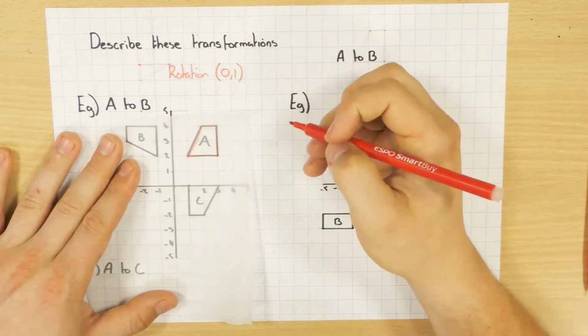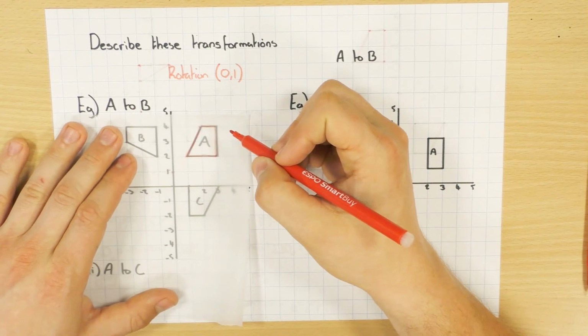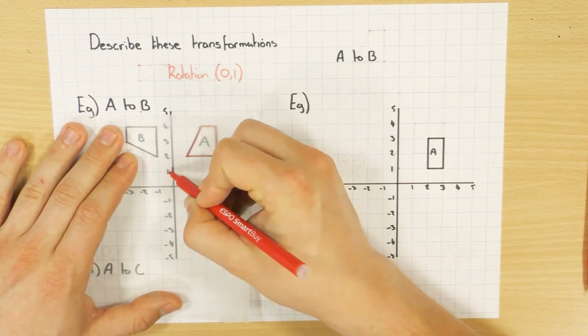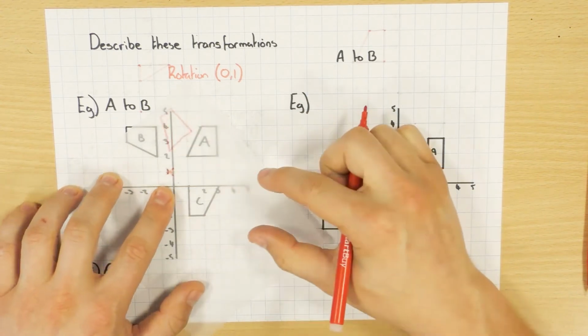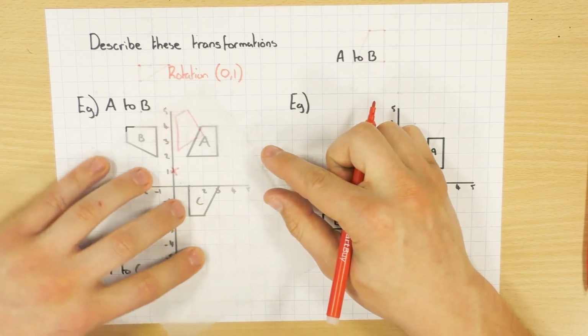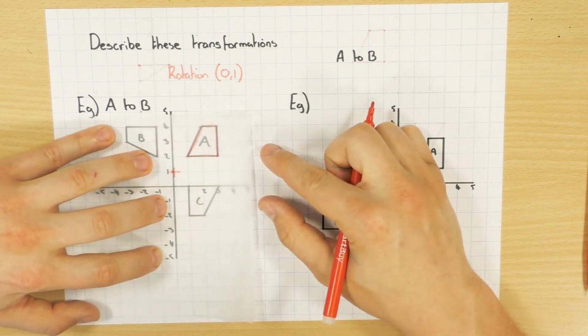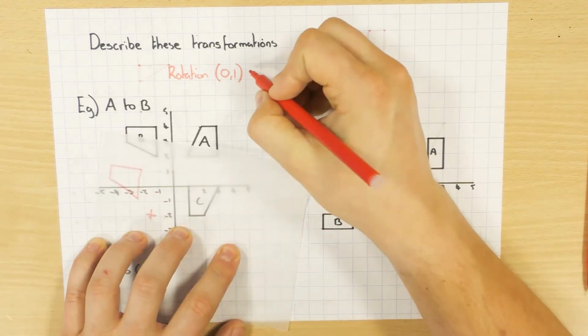And how much by? Well, now we know where the centre of rotation is. It's at 0, 1. We can work it out. So let's put my cross there. How many times have I turned it? You might be able to do this all straight away, to be fair, but just in case you can't, let's do it step by step. So I've only gone 1 turn. There we go. From A to B, I've gone 1 turn, which is obviously 90 degrees.